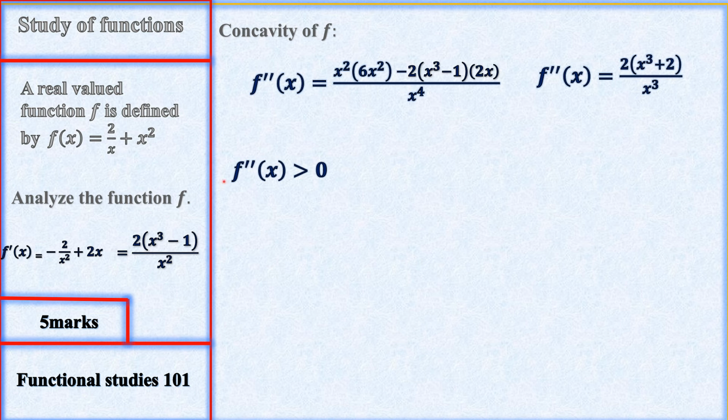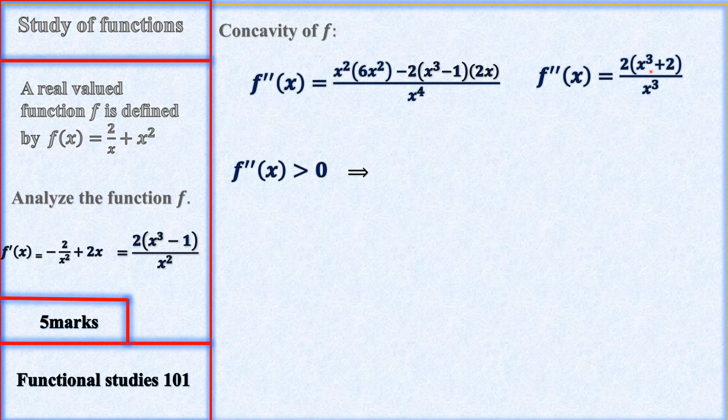So now, when you're looking at the concavity of a function, you're looking at the region where it opens up and the region where it opens down. When the function is concave up, it means the second derivative is greater than 0. When you simplify this, 2 is just a constant, so the sign will depend on x cubed plus 2 divided by x cubed.